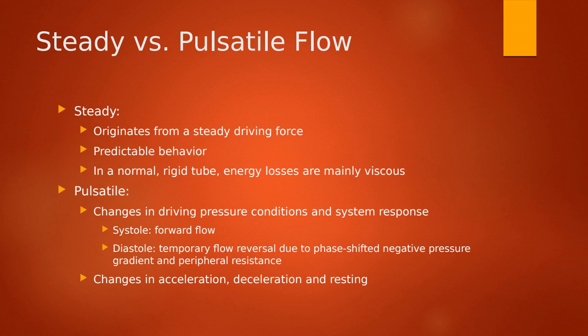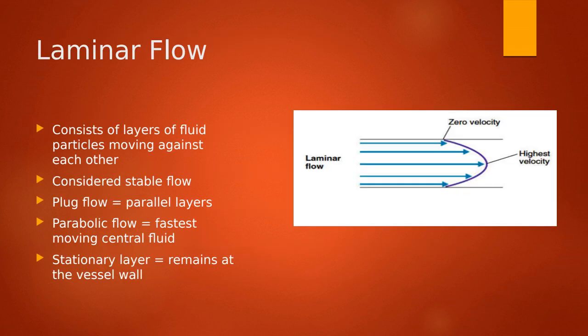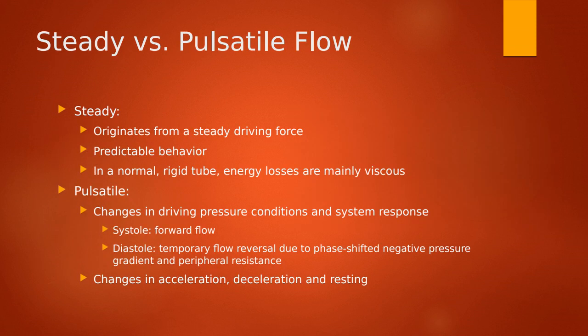We just kind of talked about laminar flow. And that's still true. Laminar flow is still true for pulsatile flow. But steady flow, the term steady flow, is going to really be something that is not in the human body.